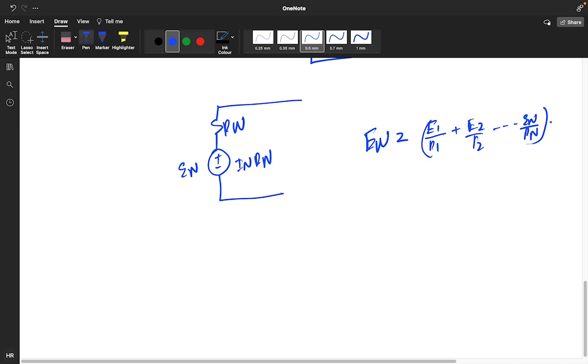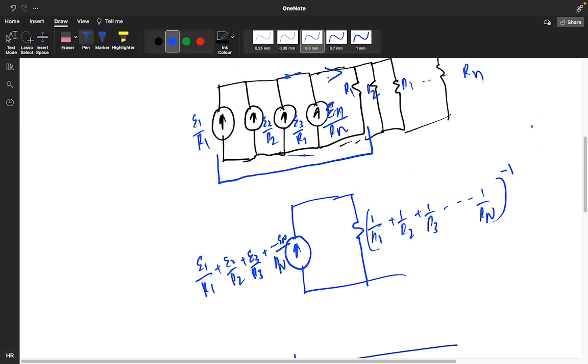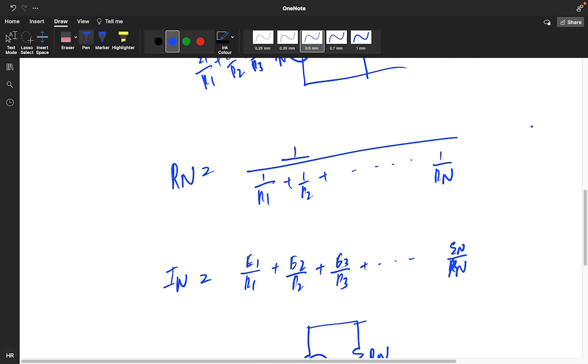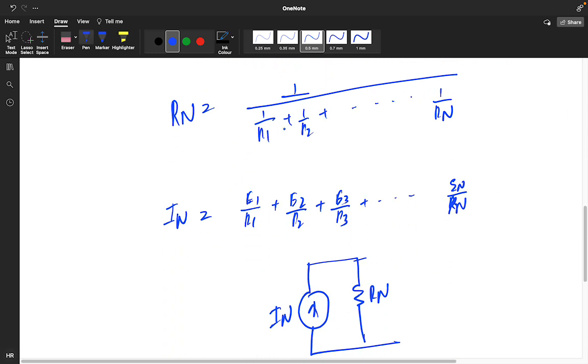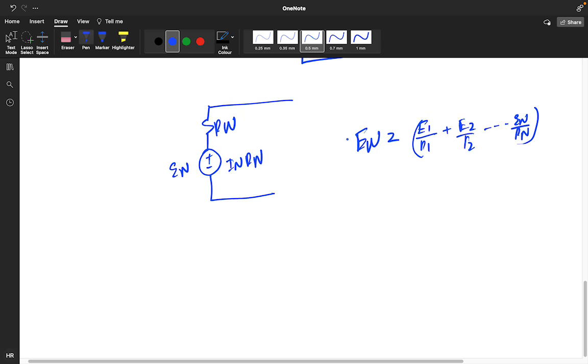And what is the Rn value you got? It is 1 over this particular sum, so it will come in the denominator: 1 by R1 plus 1 by R2 plus dot dot dot 1 by Rn. So what is the E value?